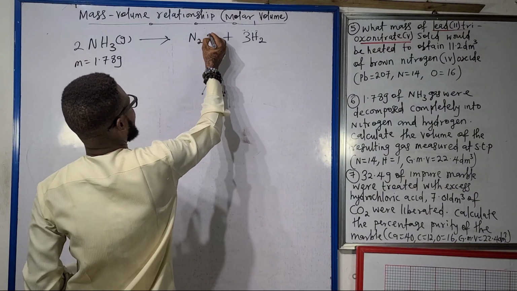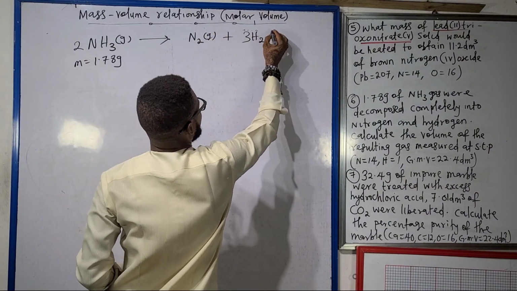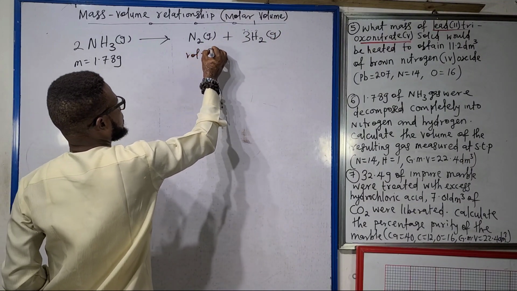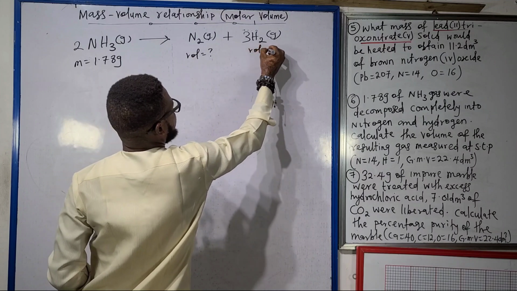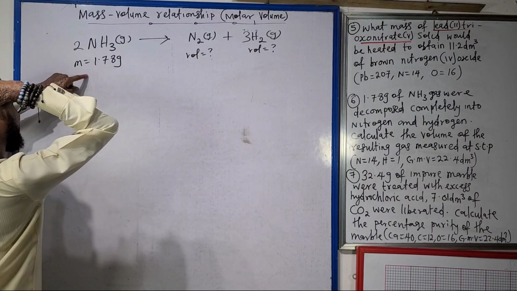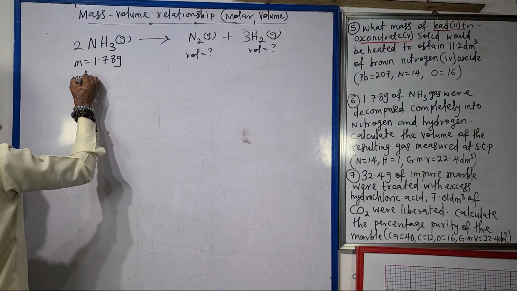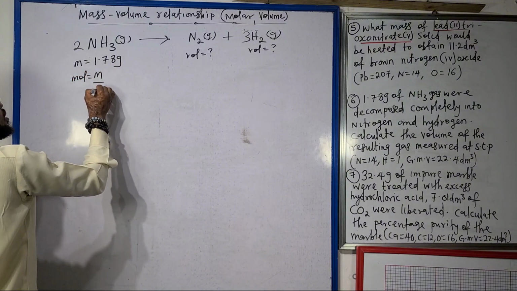Volume of the resulting gas talks about volume of nitrogen and volume of hydrogen. What is the volume of this? Okay, this is my key, so I can convert this. To convert this to mole, the mole of this is mass over molar mass.